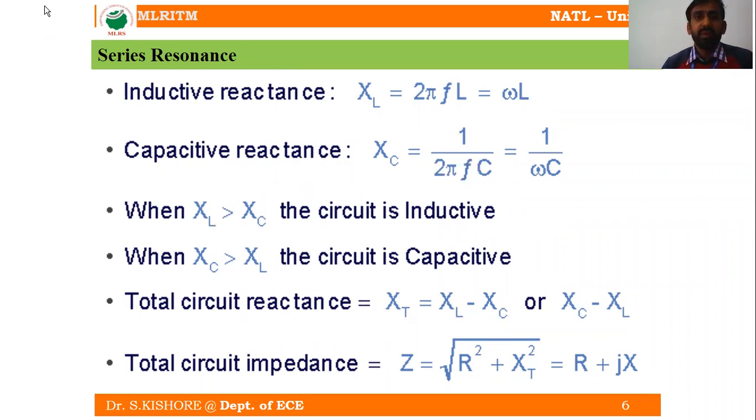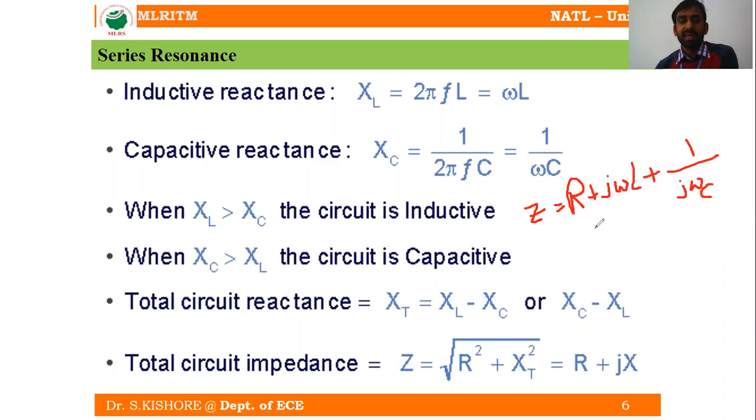So when we are writing the impedance equation, let me give you a small explanation on this. The impedance of an RLC circuit, Z, we can write as R plus j omega L plus 1 by j omega C. This is the impedance expression.